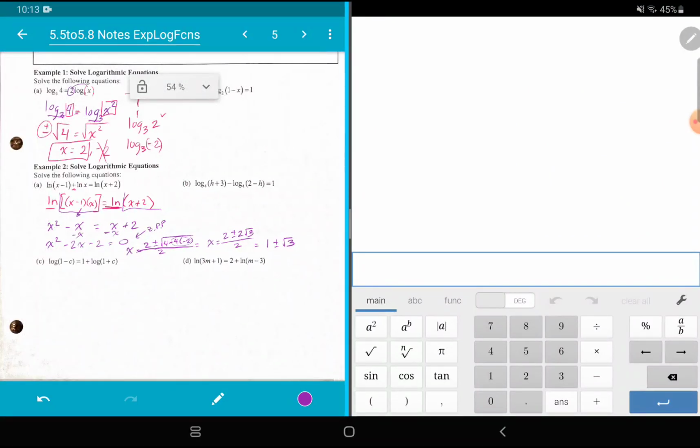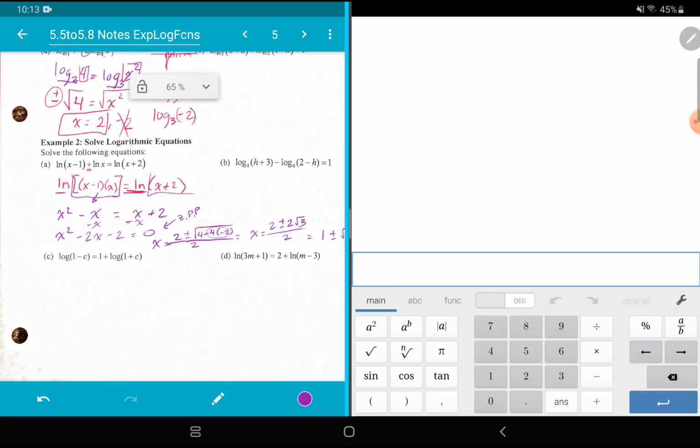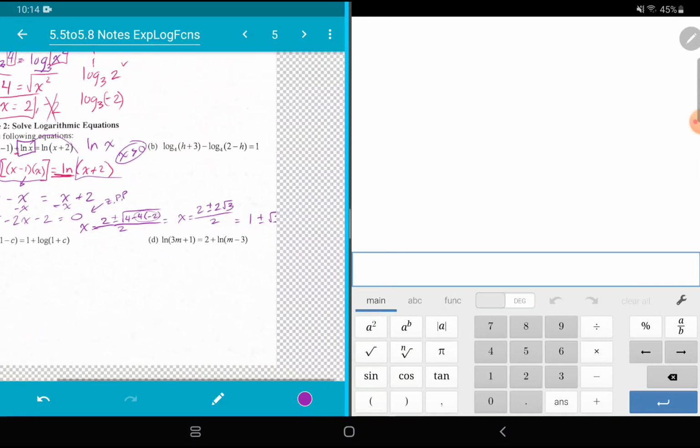Remember that because this is my x value, I need to make sure that it will work within a natural log. I guess the easiest thing to check is the middle term, because we see natural log of x. I know that x itself must be a value greater than 0. If x is not greater than 0, then this is not going to work. I need a positive number in there.